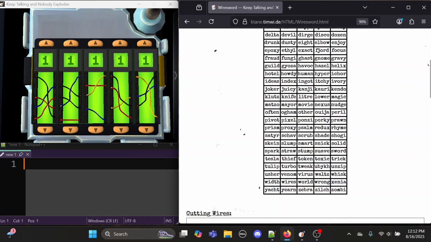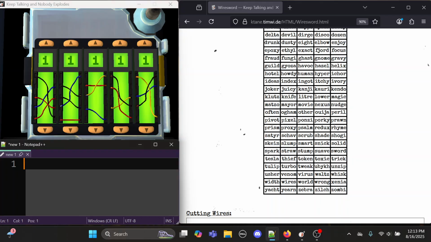We have 2 Yankee words, yacht and yearn. We have 3 Zulus, and then we have 3 rows of Sierra words. So there is a huge imbalance in some of the letters that can appear, and it's much easier to get it out of the way. It's much easier to only do 2 displays and try and figure out what the third possible option could be, or what the last 3 displays could be.